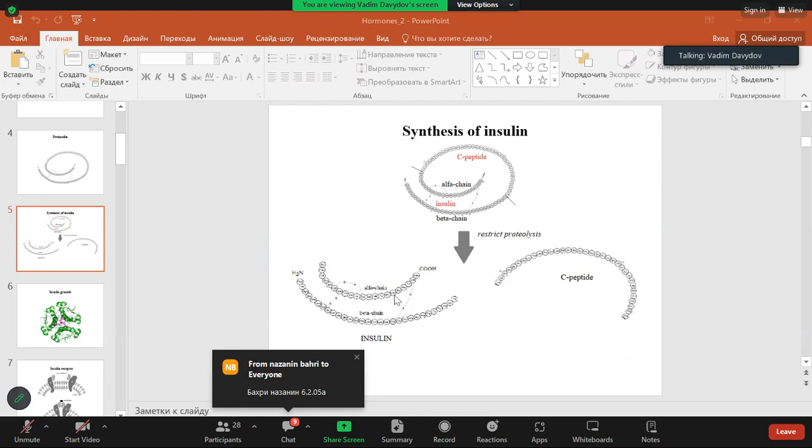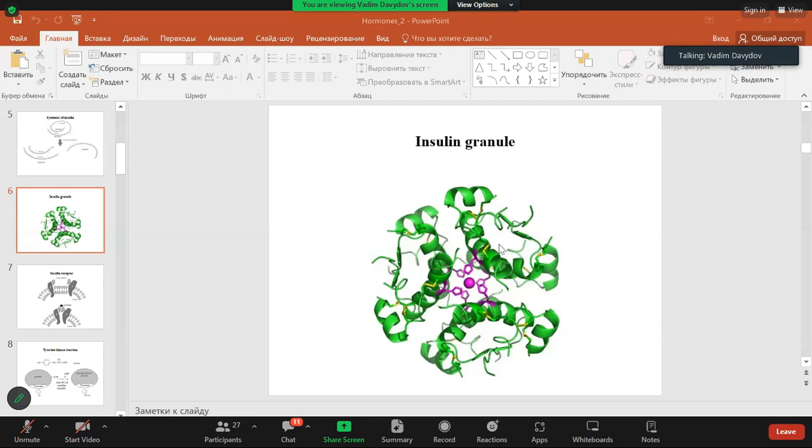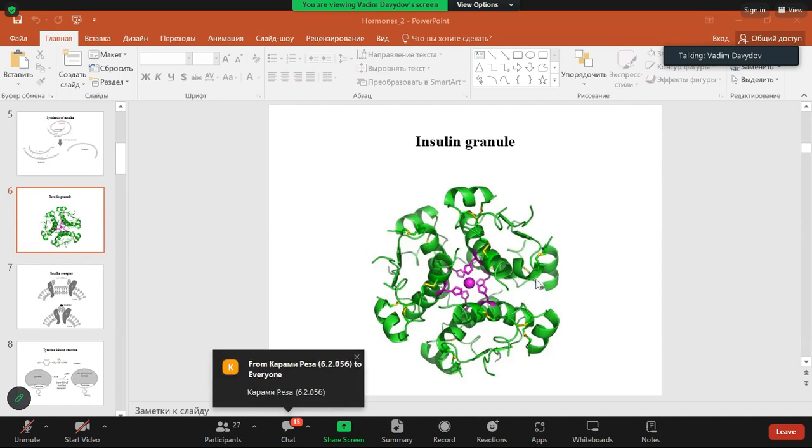So, my dear colleagues, now about the properties of insulin. After synthesis in the beta cell, insulin is stored in special so-called secretory granules. The secretory granule of insulin contains insulin represented preferentially as a hexamer, each containing in its structure 3 molecules of active insulin and 3 molecules of C-peptide. In other words, the side product of biosynthesis of insulin is included in the structure of the secretory granule.